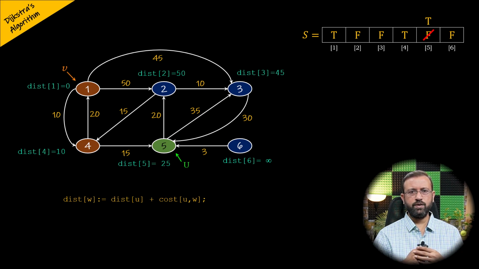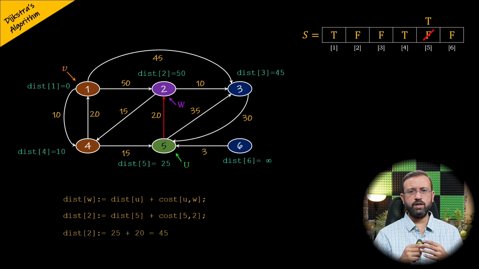So, we have vertex 2 adjacent to vertex 5, and vertex 2 is not in set S since S of 2 is false. So, vertex 2 is considered for node relaxation to update the distance. The distance of vertex 2 is distance of vertex 5 plus the cost of the edge between vertex 5 and vertex 2.